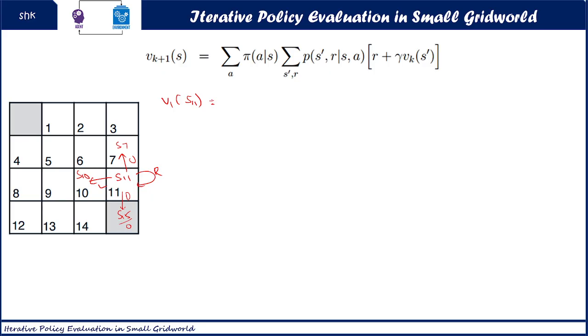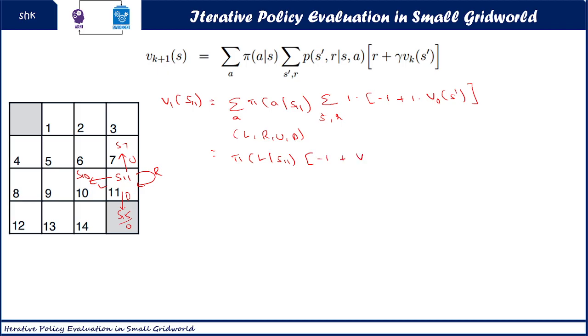the value function V1 for S11 state as summation over all the actions, the probability of action A in S11 state, summation over S dash and R, the probability we take as 1, reward is minus 1, discount factor is 1, so V0 of S dash. Depending upon the action, the next state will change. Now expanding this, as we know, the actions we can take are left, right, up, and down. So we can write the probability of left action from S11 state, minus 1 plus V naught of the state we reach.